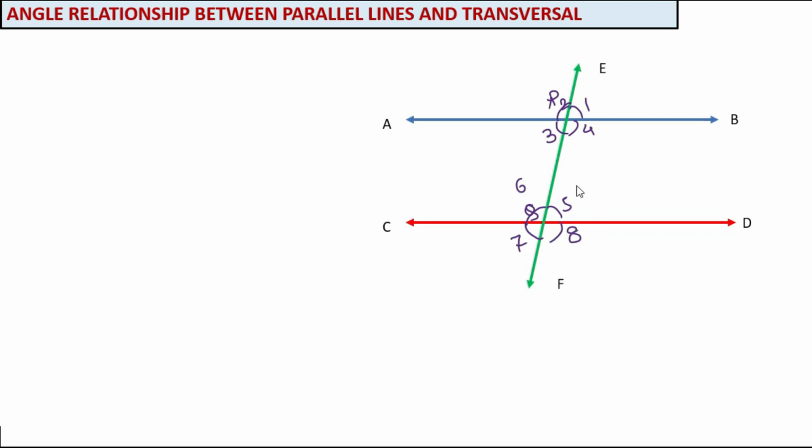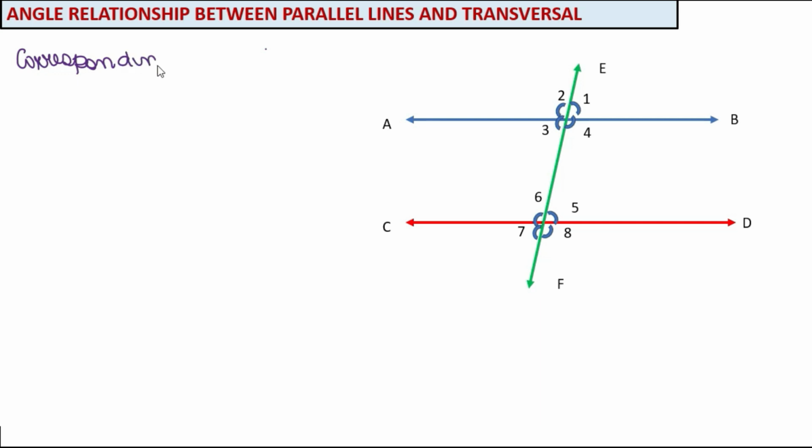Now, as these angles are formed, depending on the position of the angles, we name them differently. Let's have a look at the angles. First of all, corresponding angles. I am not going into the detail of why they are called corresponding angles. A detailed video has already been uploaded on the channel; if you want, you can refer to that video.